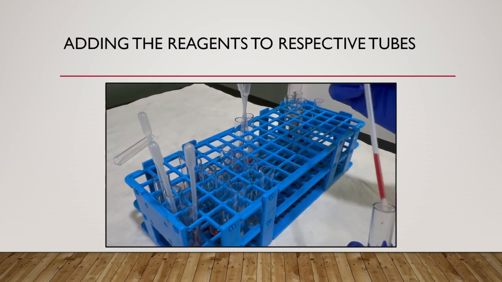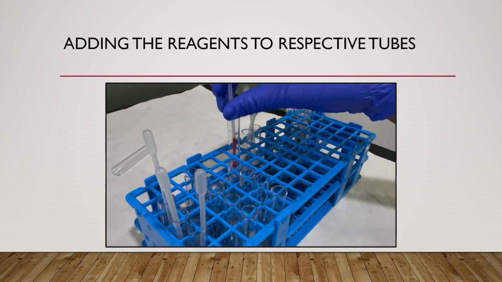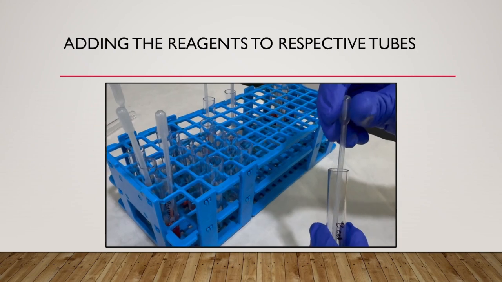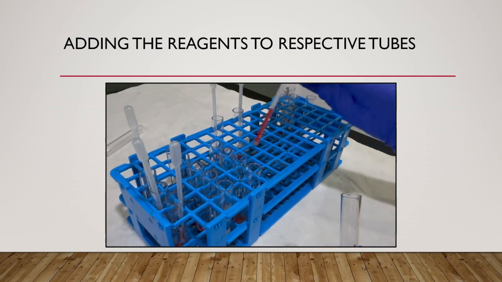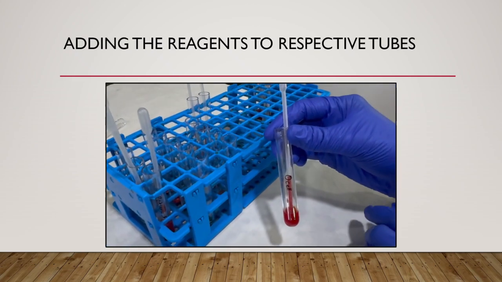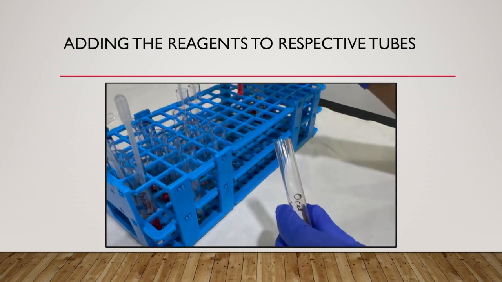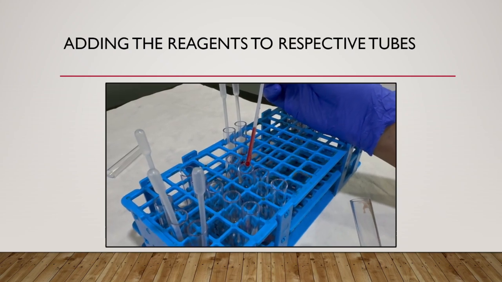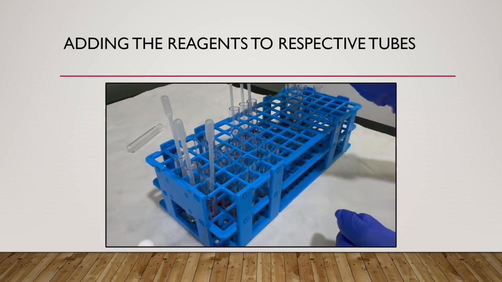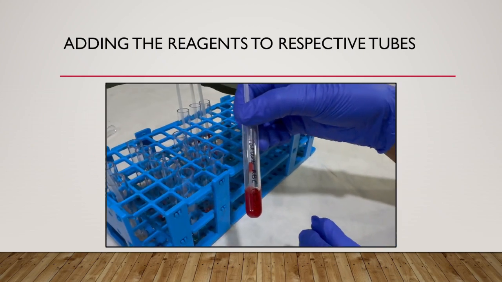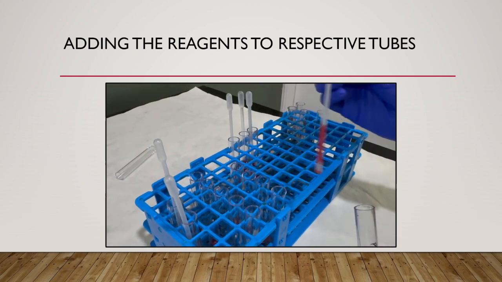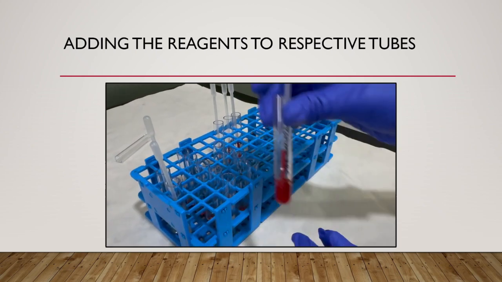We are adding 1 drop of pooled A cell to the reverse grouping tube, 1 drop of pooled B cell to the corresponding tube, another drop of pooled O cell at 3% concentration to the corresponding tube, and in the tube of auto control we are adding 1 drop of patient's own RBC to detect if there are any cold or warm autoantibodies.